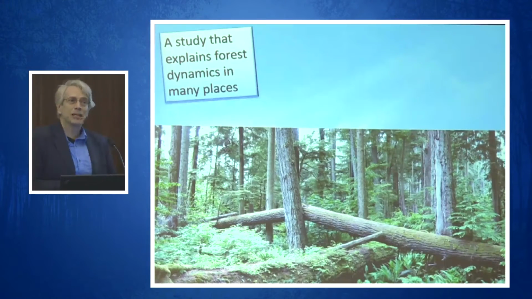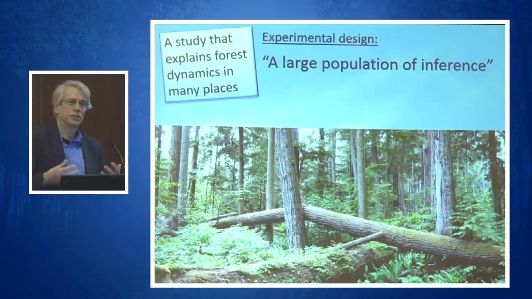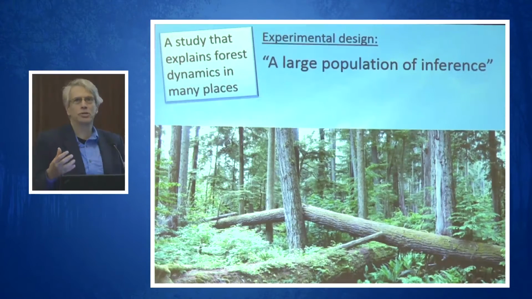A study that explains dynamics in many places, well, in statistics we would call this a study that has a large population of inference. We often teach our students in statistics that we want to design experiments. The first thing we tell them is, what is the area you want to say something about?